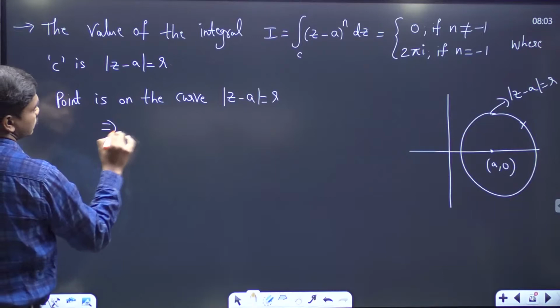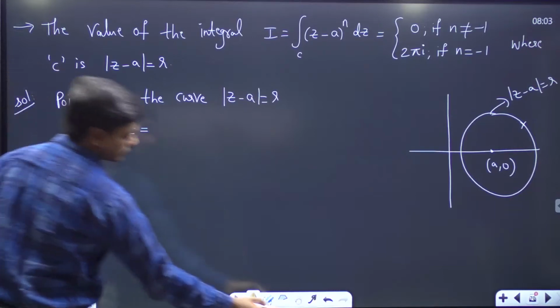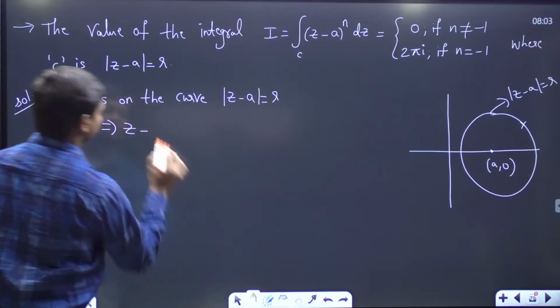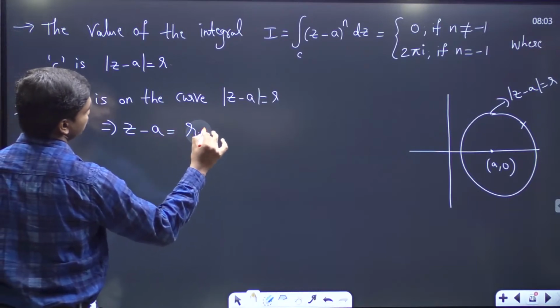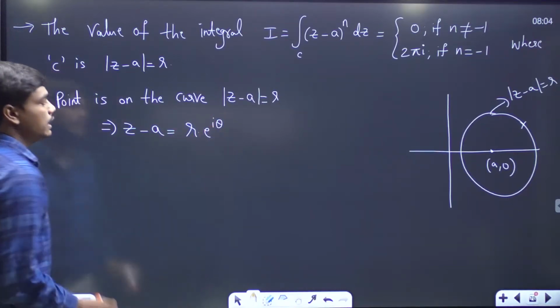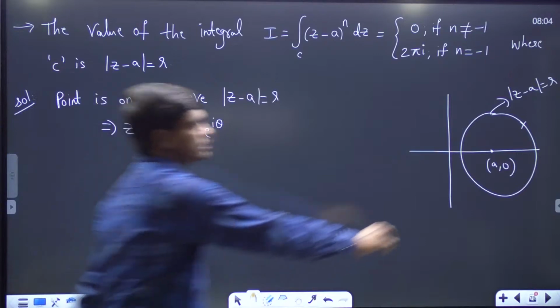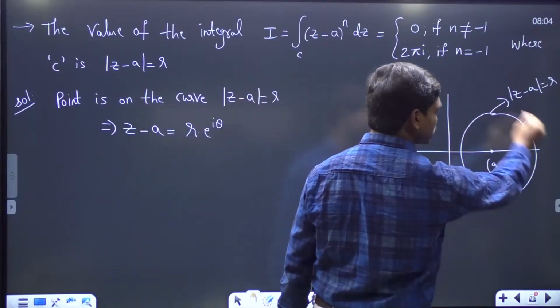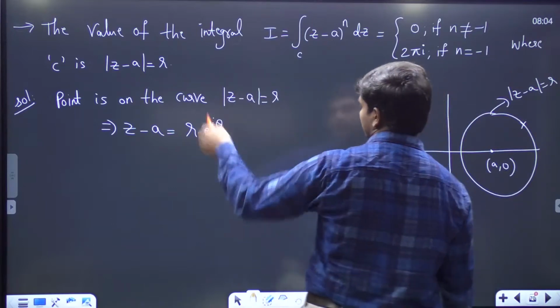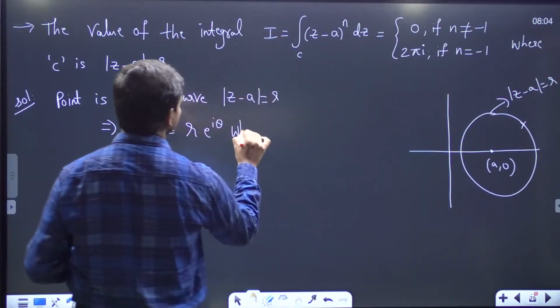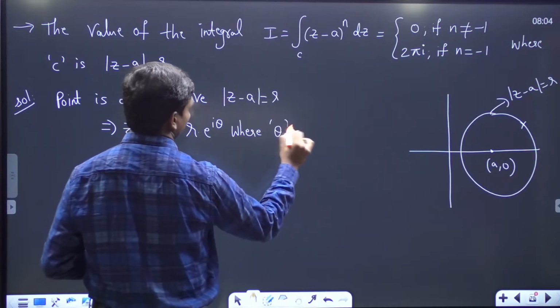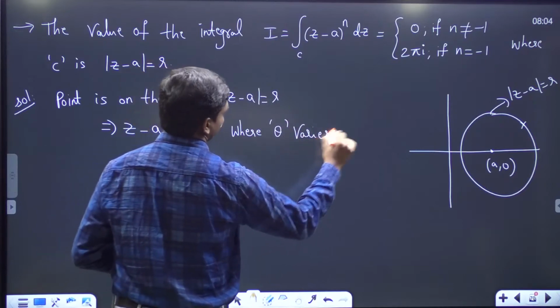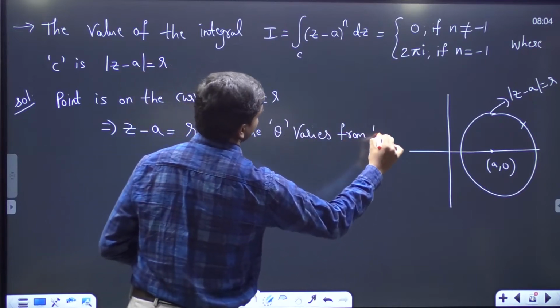So we can write z minus a is equal to r into e power i theta, because the distance between this z and the point (a, 0) is always r, but since the point location is changing, which can be compensated by this theta, where theta varies from 0 to 2 pi.